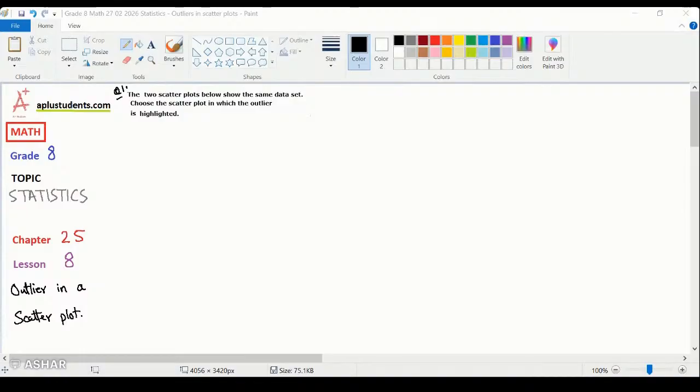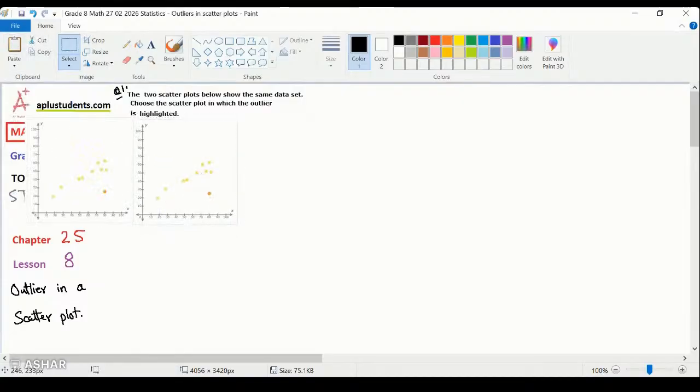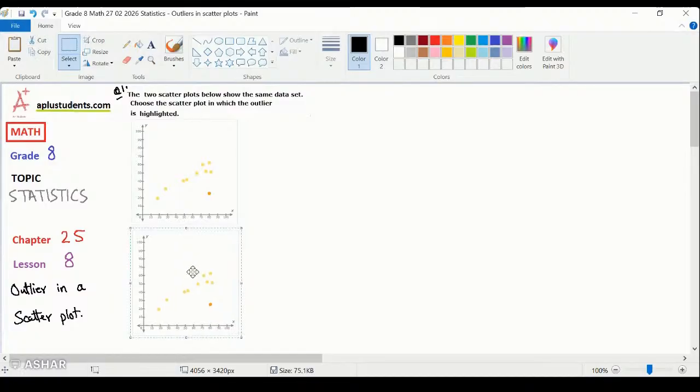Let's suppose the first scatter plot given to us is this. This is the first scatter plot, and let's have a look at the second scatter plot.